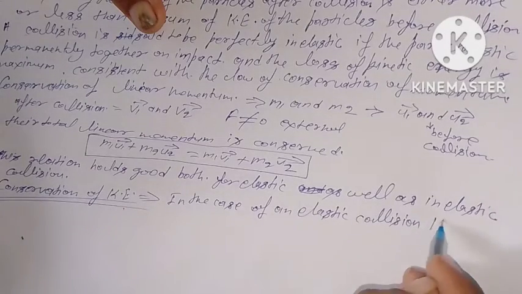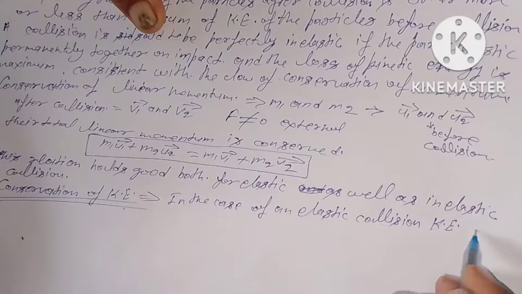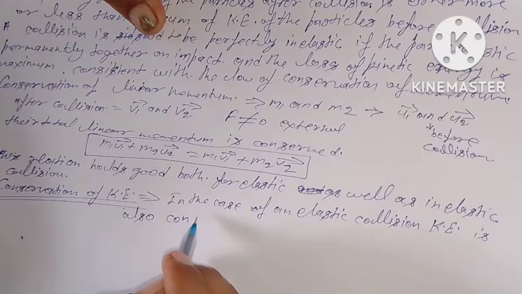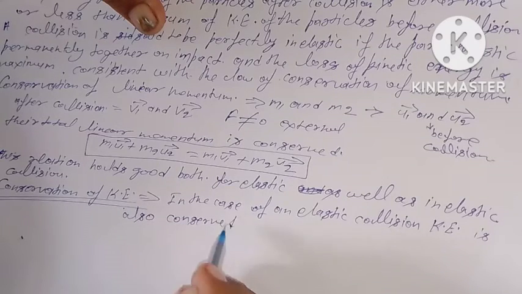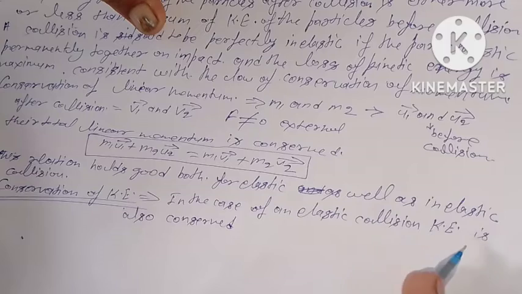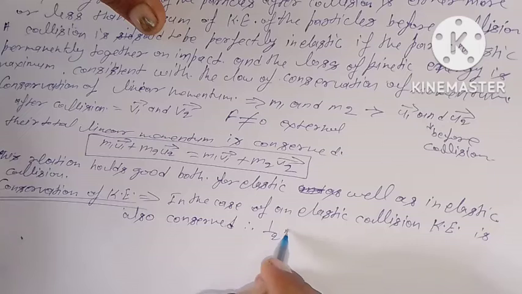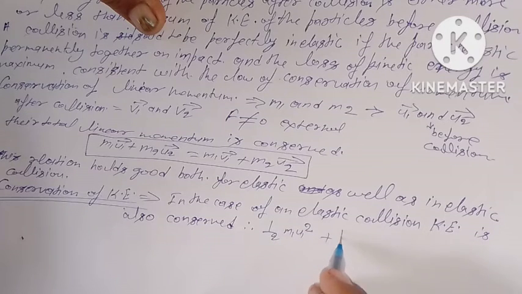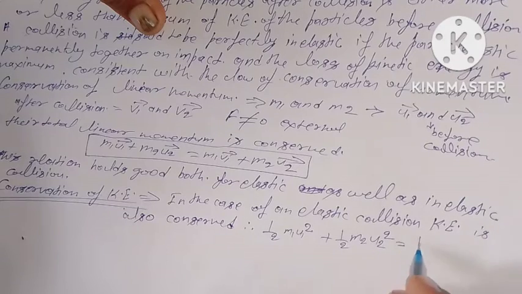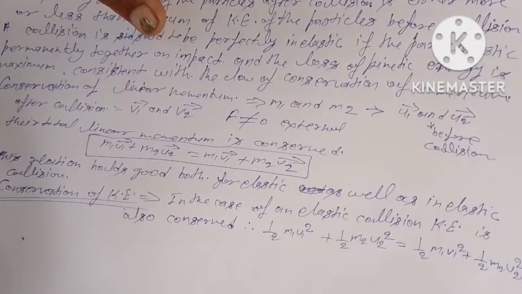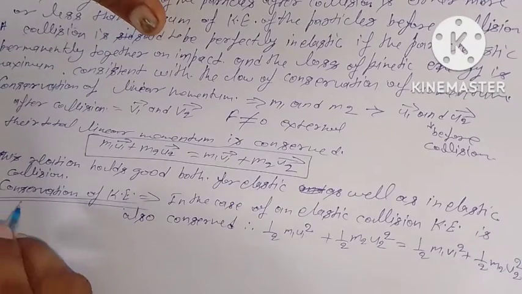So 1/2 m1 u1 square plus 1/2 m2 u2 square equals 1/2 m1 v1 square plus 1/2 m2 v2 square.